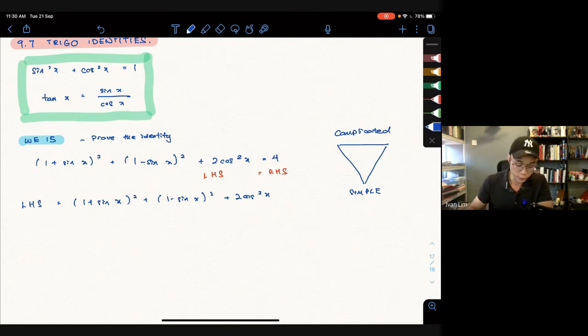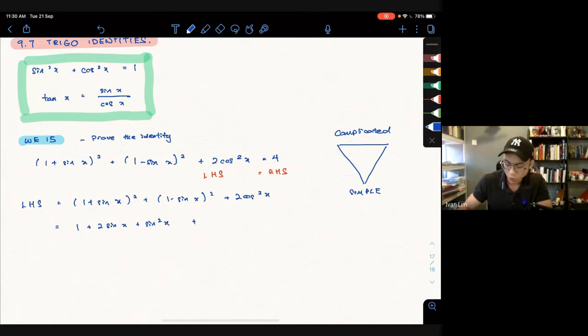Later on, we'll learn even further, more complex ones. So 1 plus sine x square is a plus b square, right? So you can write it as 1 plus 2 sine x plus sine square x. This will be your first one.